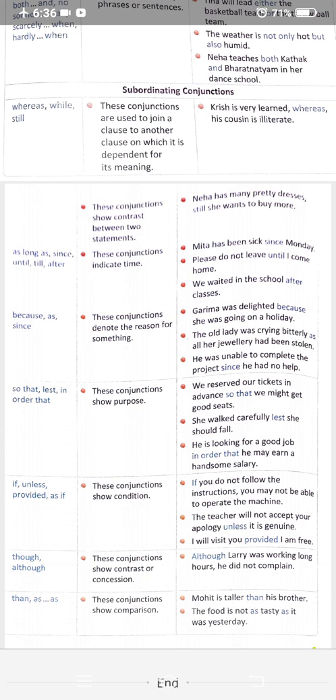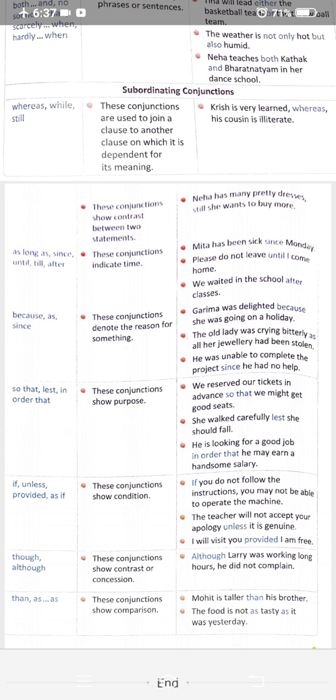He was unable to complete the project since he had no help. Garima was delighted because she was going on a holiday. Now you can see that we are giving a reason why Garima was delighted. These kinds of examples we can use for the conjunctions that denote the reason for something.